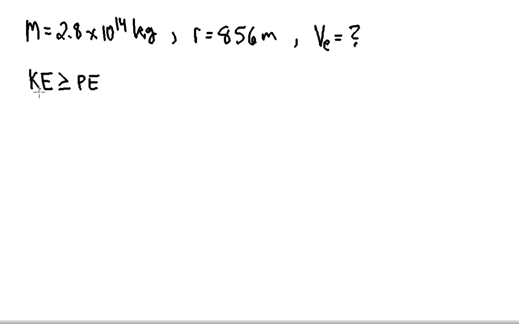So I'm going to show you how to derive this formula. I'm going to give it to you on the day of the quiz, but I want you to see it right now. So to calculate the escape velocity, we need to know exactly how fast it needs to go, once the kinetic energy reaches the potential energy, this is possible.